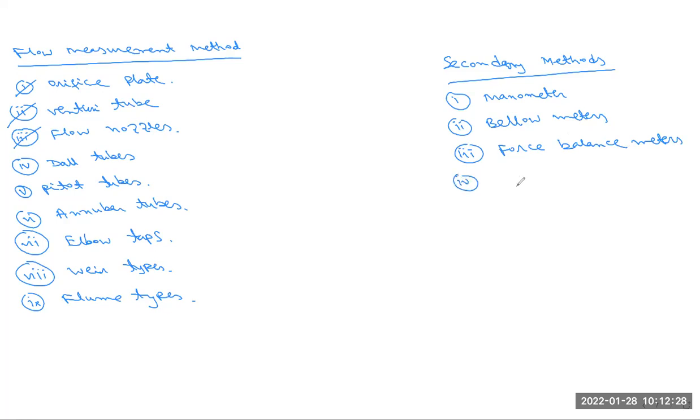And number 4, the ring balance. Okay, so these four are basically used in our process control industries as the secondary element or secondary method. That is, the manometer type of flow measurement method, number 2 the bellows meter, number 3 the force balance meter, and number 4 the ring balance meter. So these are basically used for flow measurement. Okay, is it clear, all of you?